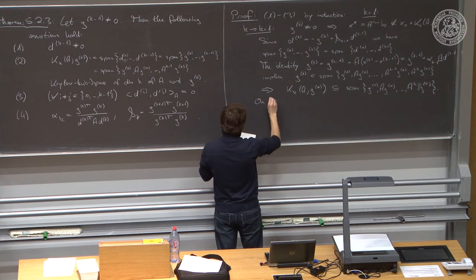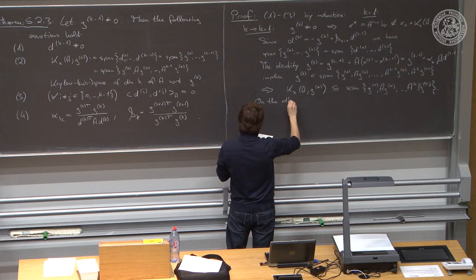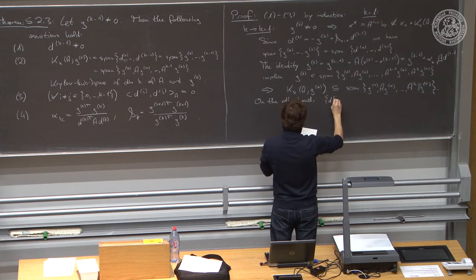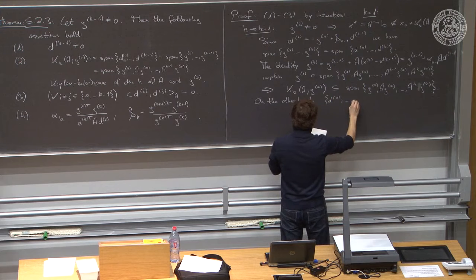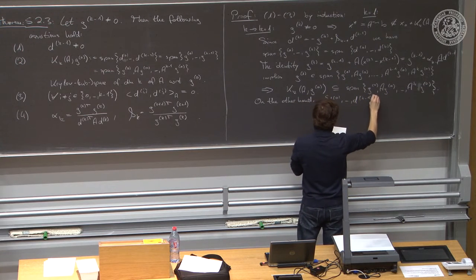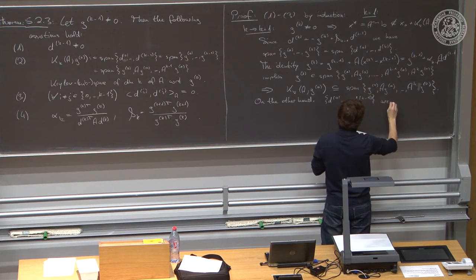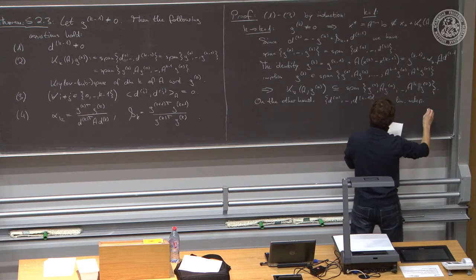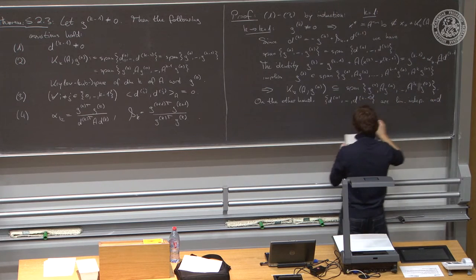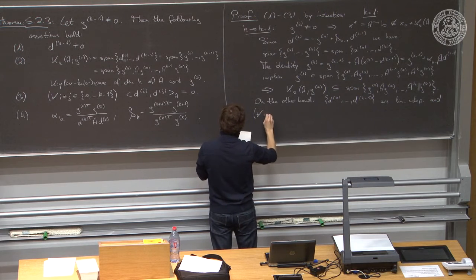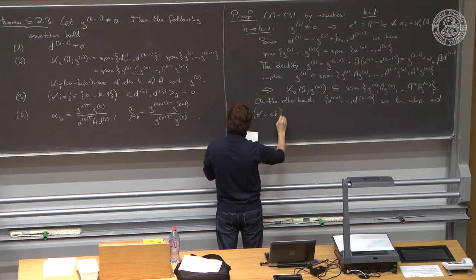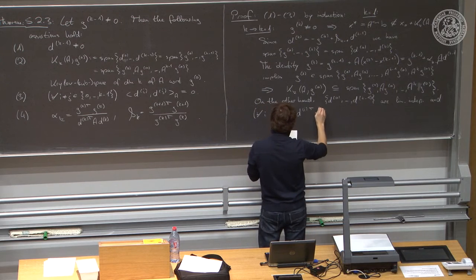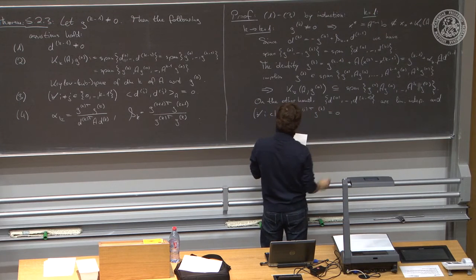So on the other hand, d_0 up to d_{k-1} are by assumption linearly independent. And for all i less than k, we have d_i transpose g_k equals 0. Why is that?